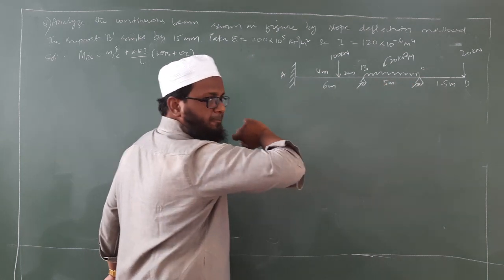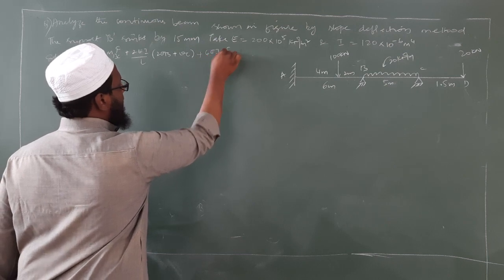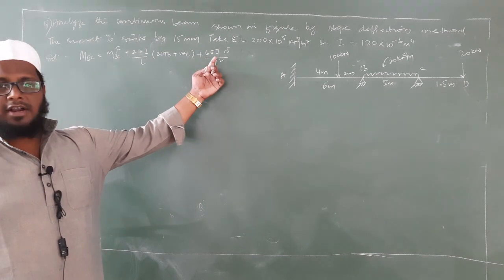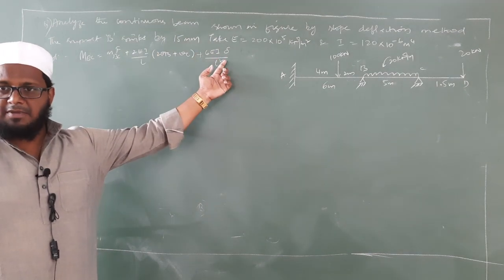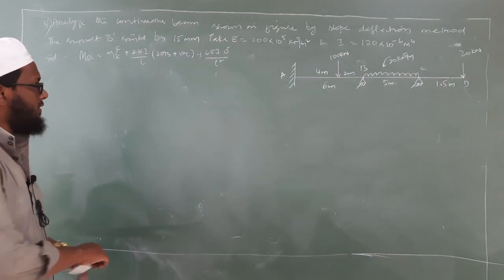Clockwise moments, isn't it? So plus 6 EI delta by L square. So here we cannot write directly that value minus 6. Why? Because L will change here, because here we have 5 meters. So what I will do?